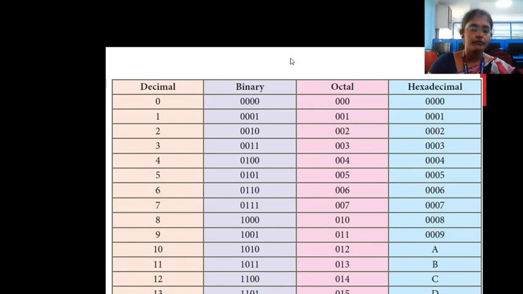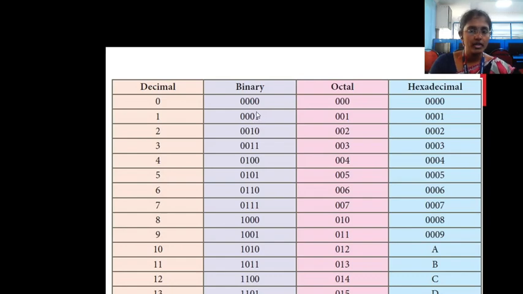And as I said before, the octal pattern consists of 3 bits, because 2 to the power 3 is 8, and 2 to the power 4 is 16, so hexadecimal numbers are represented using 4 bits. And 1 is represented as 0001 in binary, because 8, 4, 2, 1.